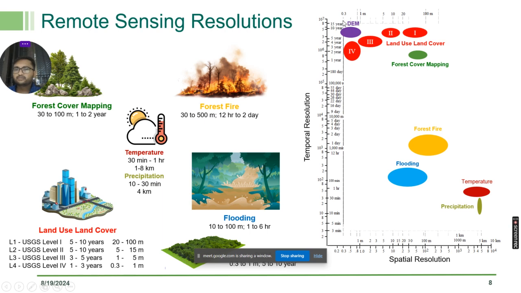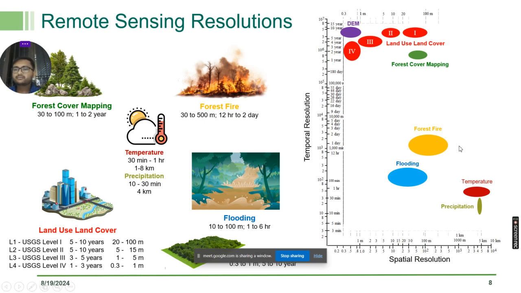If you go from top to down, the temporal resolution is increasing, and from right to left, the spatial resolution is increasing. If you need a very high resolution LULC map, categorized into different patches of the area, then you need very high spatial resolution, but not that high temporal resolution.